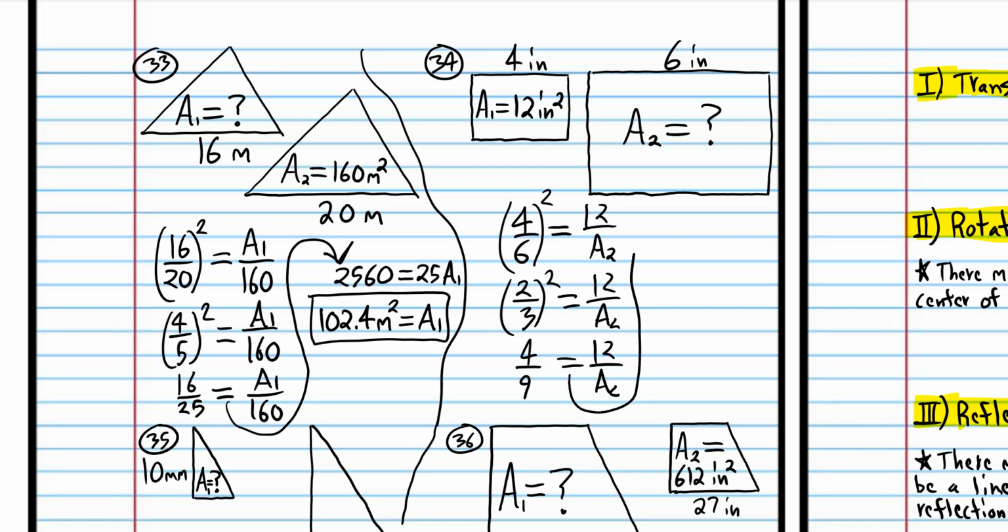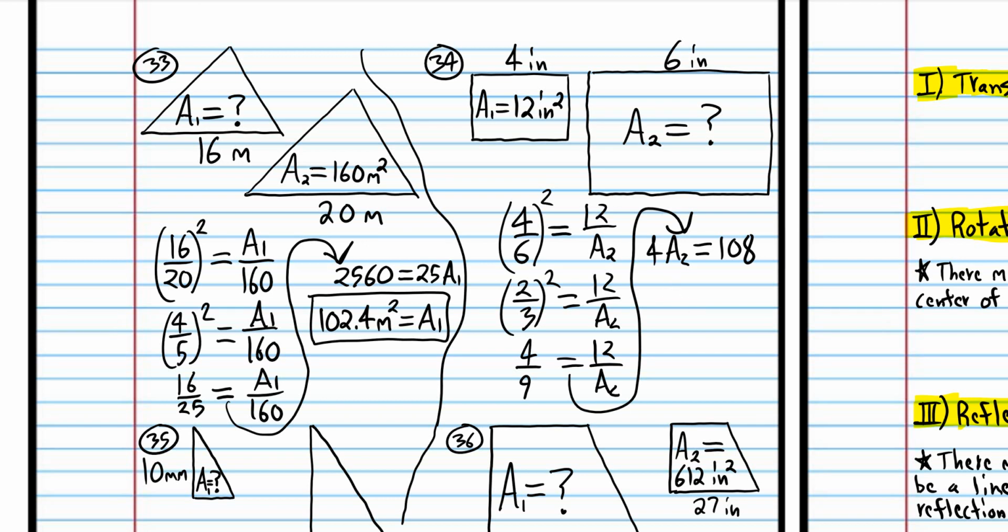Then we're going to have to do an arrow. Cross multiply, we get 4A2 is equal to 9 times 12, which is 108. Divide both sides by 4. Again, you can use your calculator. 108 divided by 4 is 27.